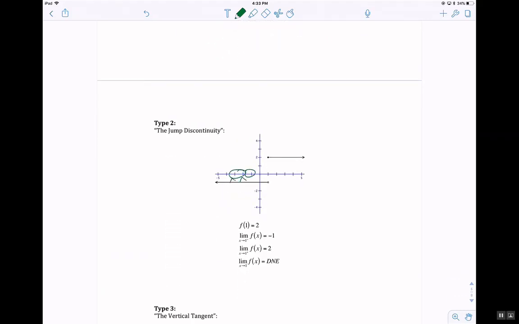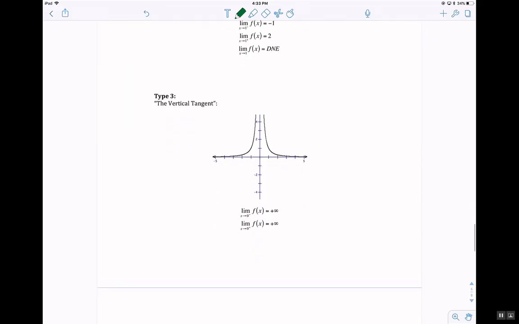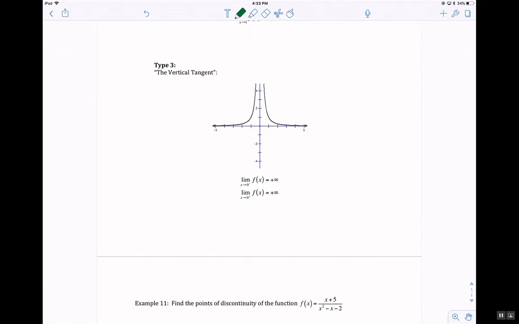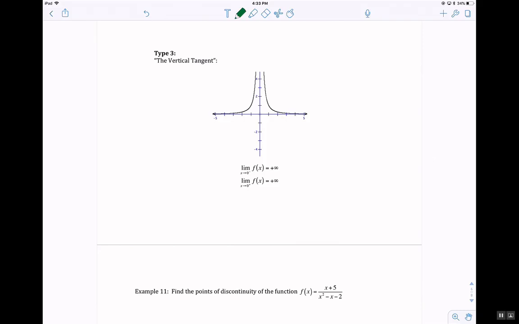Jump discontinuity, 2 bugs will never meet. Normally with piecewise functions is where you get jump discontinuities. Vertical tangents are very similar to vertical asymptotes, but they do have something different, and that is the derivative being equal to 0 gives you vertical tangents.